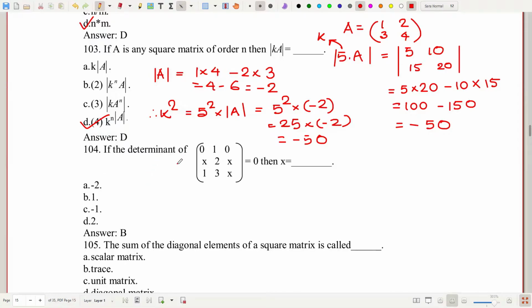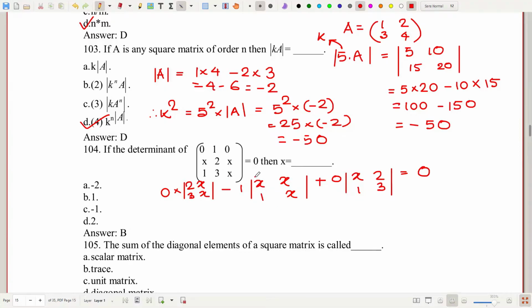If the determinant of 0, 1, 0, x 2, x, 1, 3, x is equal to 0, then x is equal to. So we can consider 0 into 2x, 3x minus 1 into x, x, 1x, then plus 0 into x, 2, 1, 3, that is equal to 0.